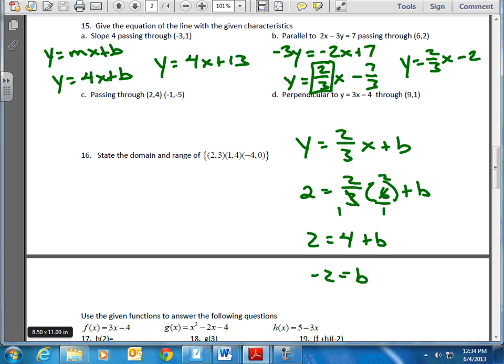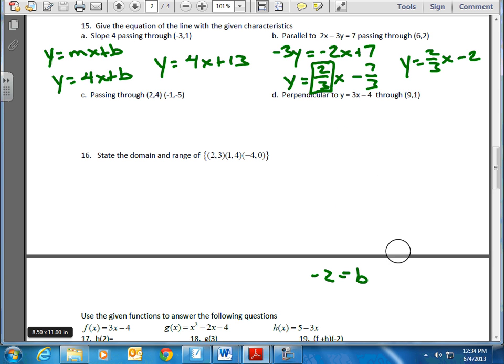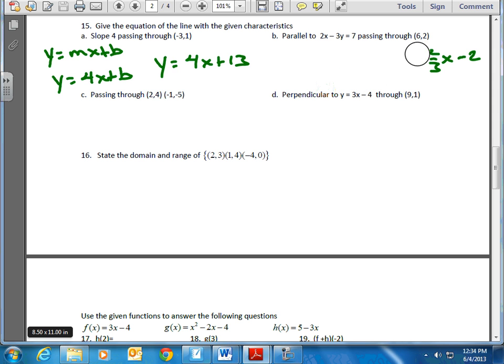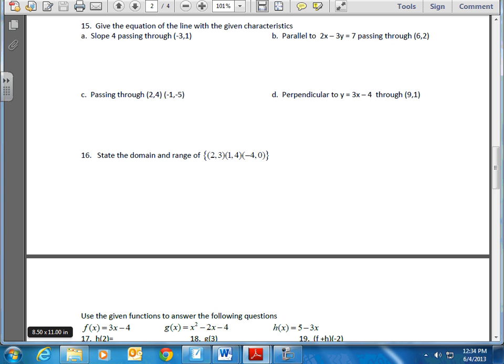Question C. I don't give you the slope. I don't give you the y-intercept. So you're going to find both of those. In question B, I didn't give you the slope either, but I gave you a way of finding the slope. In question C, I don't give you the slope, but I give you a way of finding the slope. Remember the definition of slope: change in y over change in x, or y2 minus y1 over x2 minus x1.